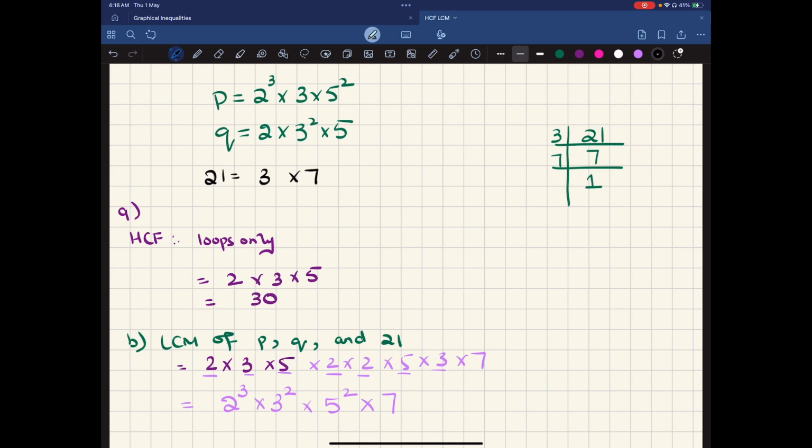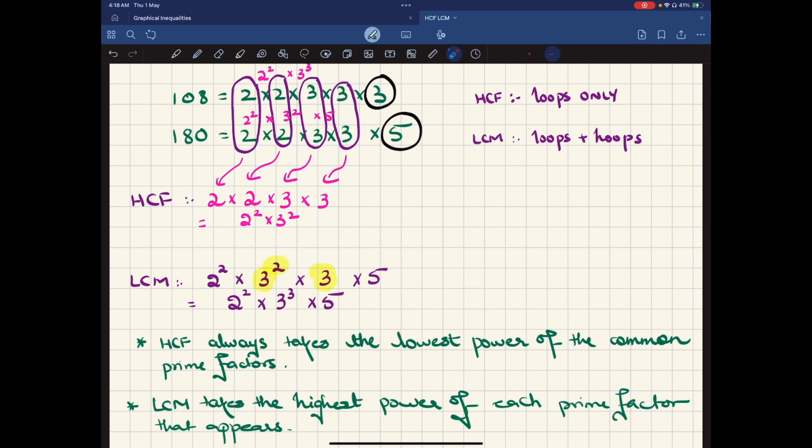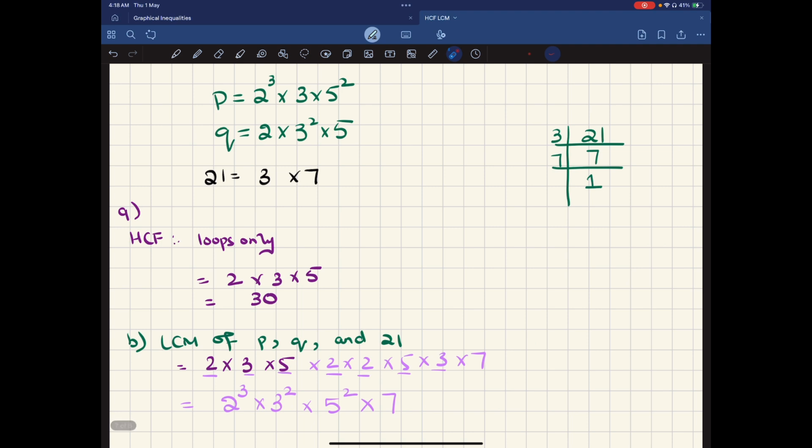Now, what was the general rule for finding the HCF and LCM? LCM takes the highest power of each prime factor that appears. Okay, so what is the highest power of 2? It's 3, right? Here it is 1 and we don't have a 2 here. So 2 cube.